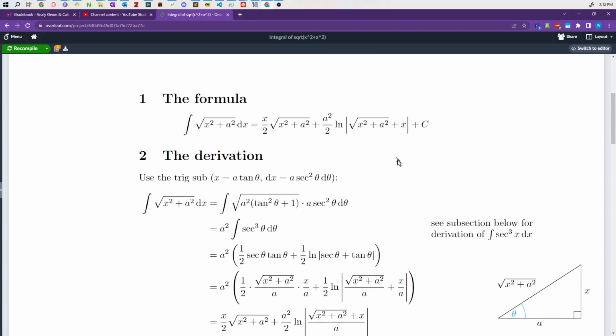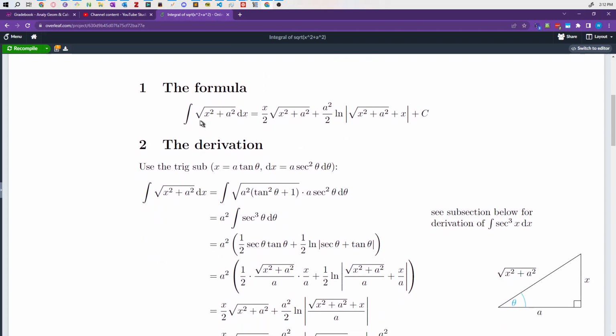So the derivation is you have this expression here, and what you have to recognize is that this is the perfect form for a trig sub. In particular, you want to use x is equal to tangent of theta. I'm using theta here. You could use u instead.